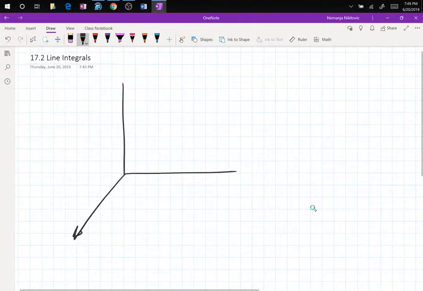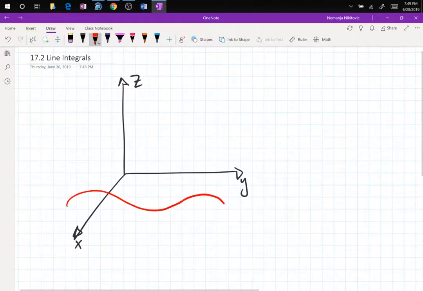So let's say we have our three-dimensional XYZ coordinate system, and you have some curve C that lives in the XY plane.